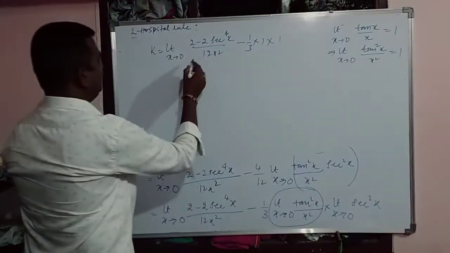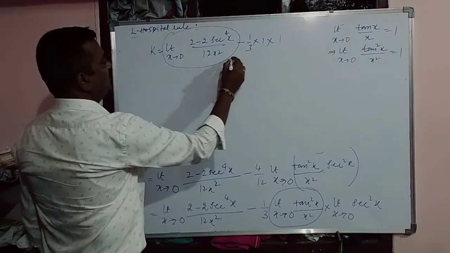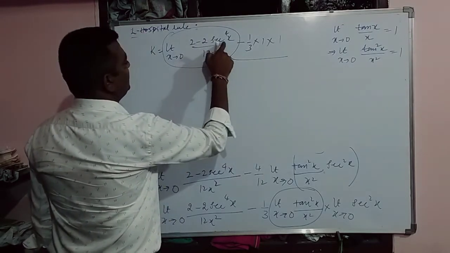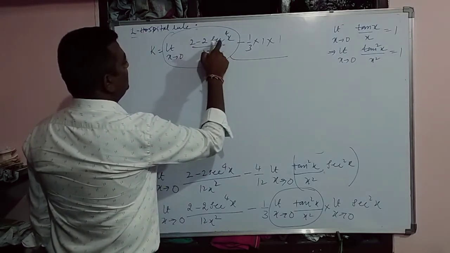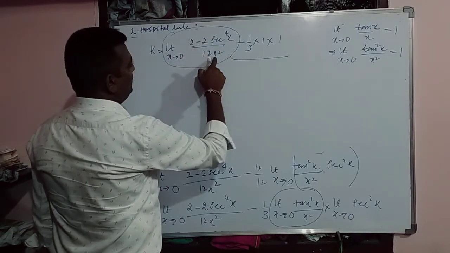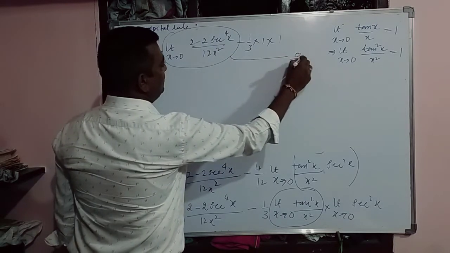So this is minus 1 by 3. Look at this part only, students. As x tends to 0, secant 0 is 1, 1 into 2 is 2, 2 minus 2 is 0, and the denominator also contains x, so it is 0 by 0 form.